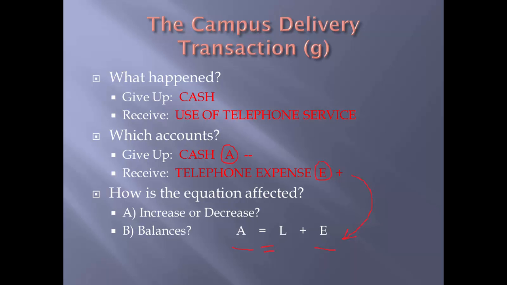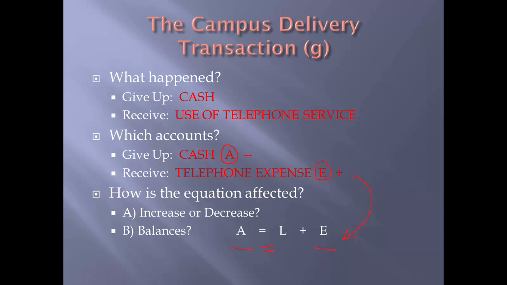You only get to use that telephone service. You may own the phone itself, but you don't own the service. You just get to use the service, and if you stop paying, you stop getting to use it. So we're giving up cash and receiving use of the telephone service.